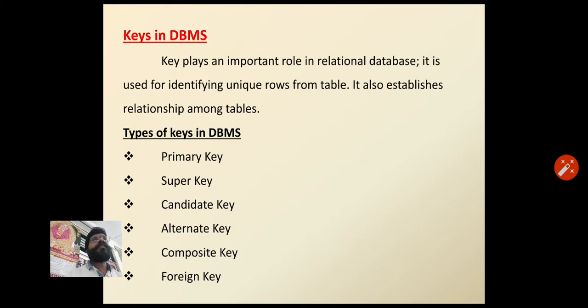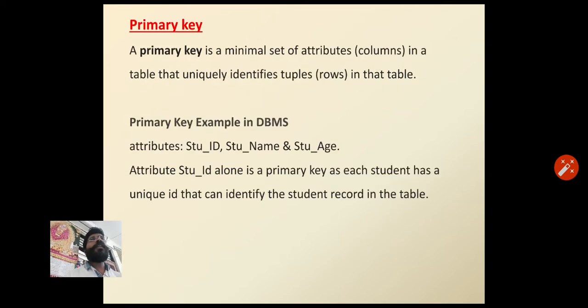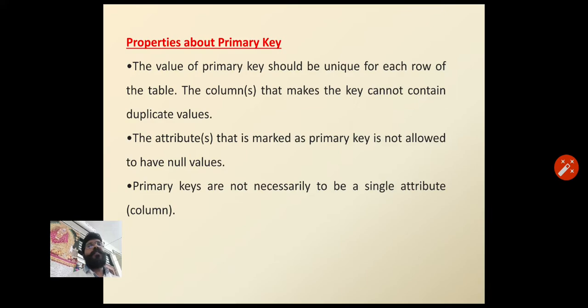And the second thing is the properties of the primary key. This is the definition of primary key. The value of a primary key should be unique for each row of the table.